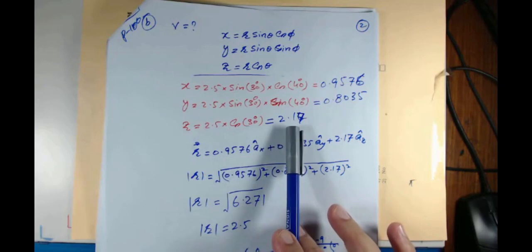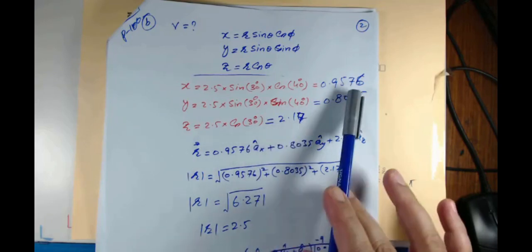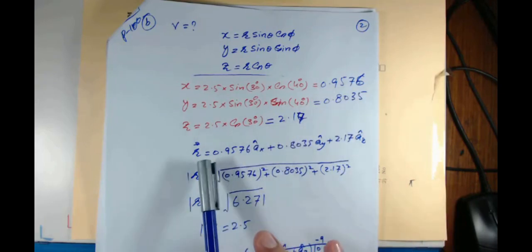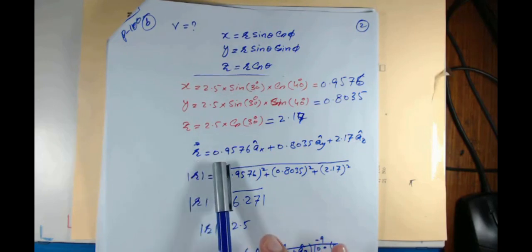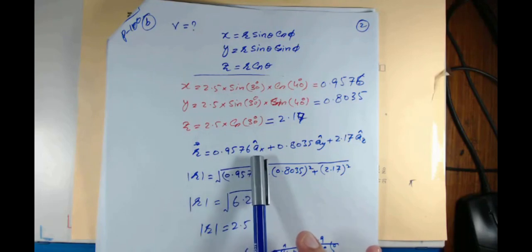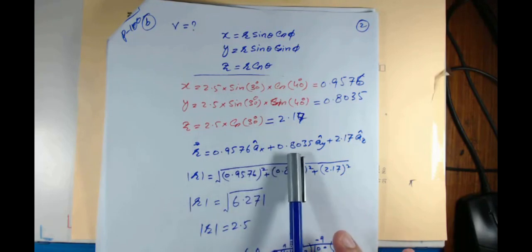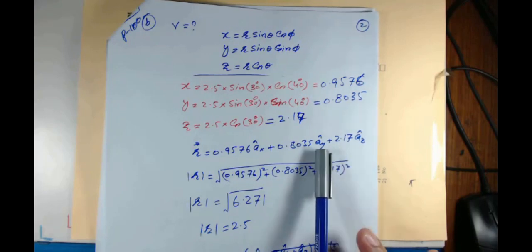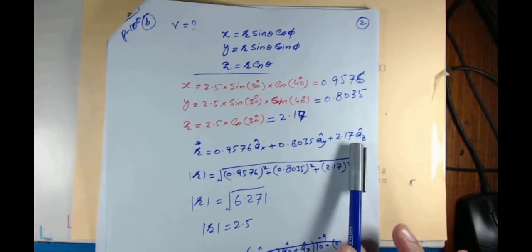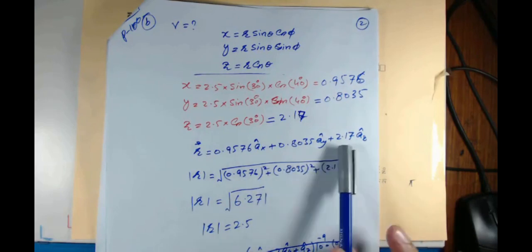So this becomes equal to 2.17. In this case, now the field point is located by the r vector, so the r vector becomes equal to 0.9576 ax unit vector plus 0.8035 ay unit vector plus 2.178 az unit vector.